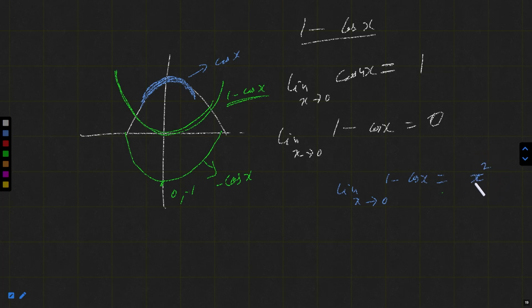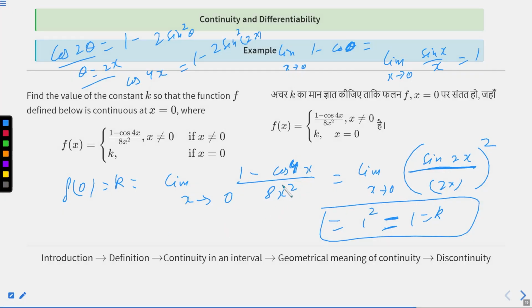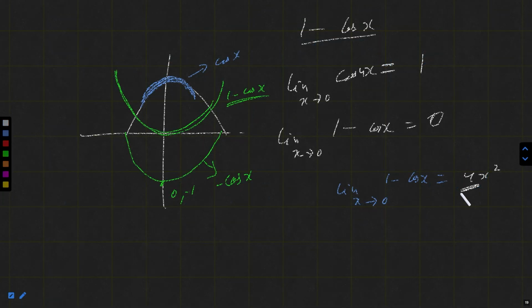So it will be your 4x square, something like this. Okay, I hope that it is clear to you. I think please do not try this.